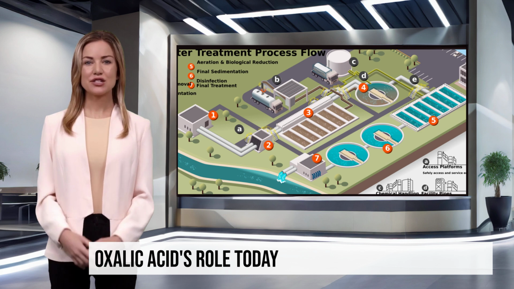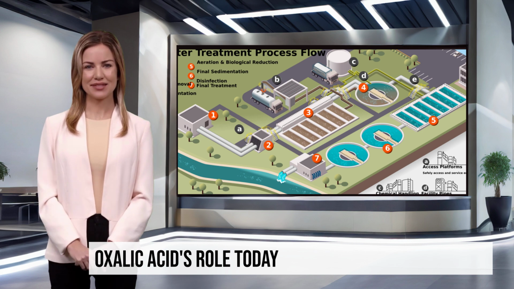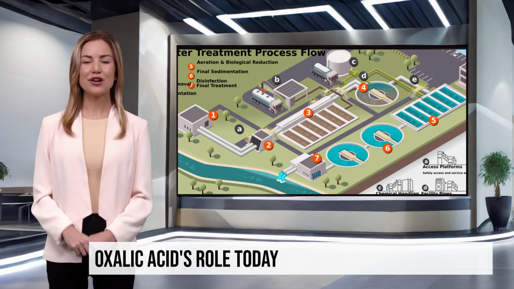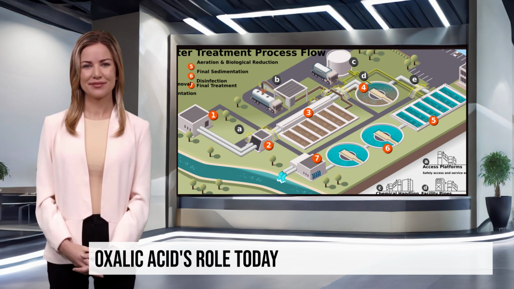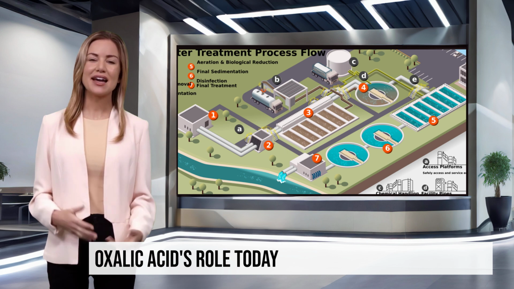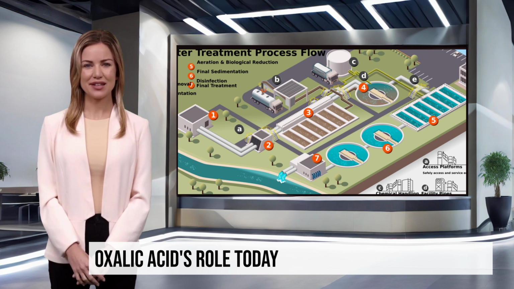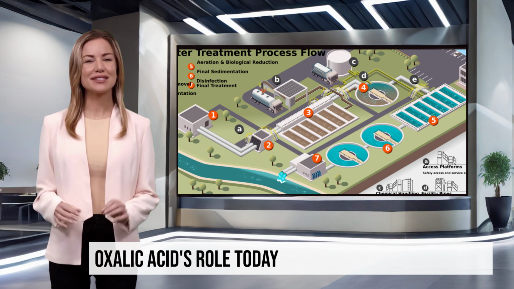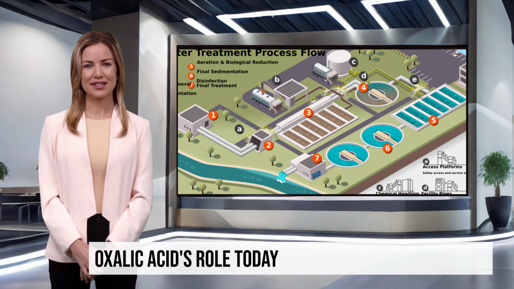It is also instrumental in wastewater treatment, where it aids in removing heavy metals such as lead, chromium, and arsenic, mitigating water contamination and improving public health. Furthermore, oxalic acid is increasingly being explored as a sustainable alternative to mineral acids in phosphorus solubilization from rock phosphates, offering a greener approach to agricultural fertilization.